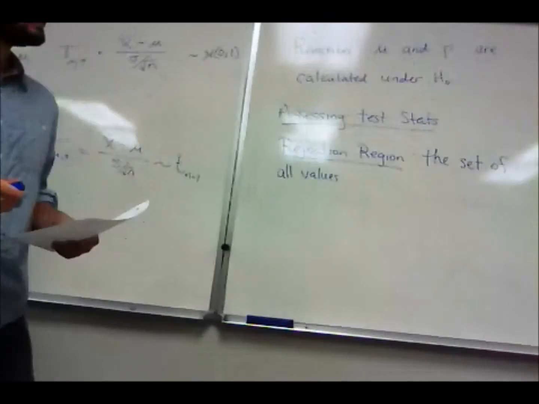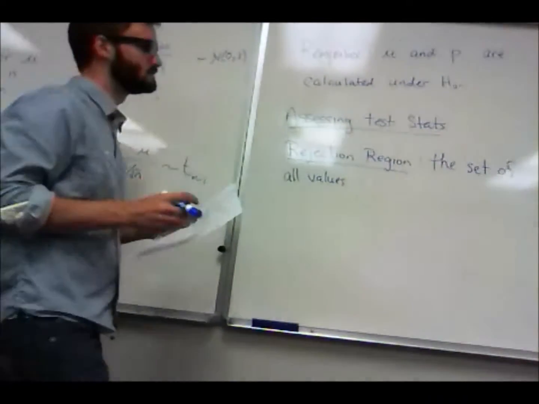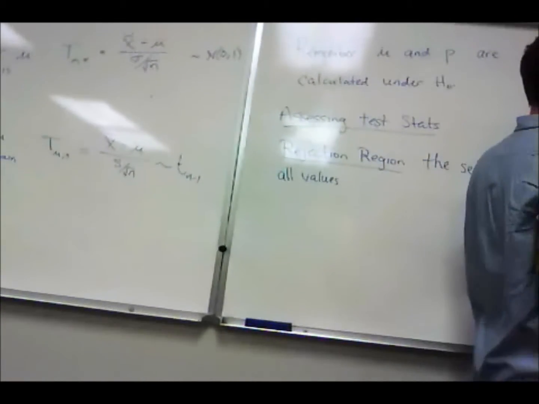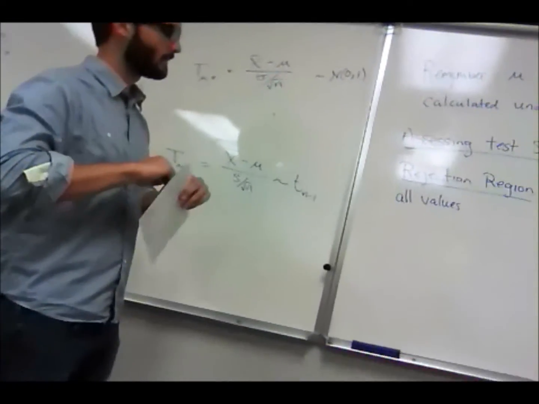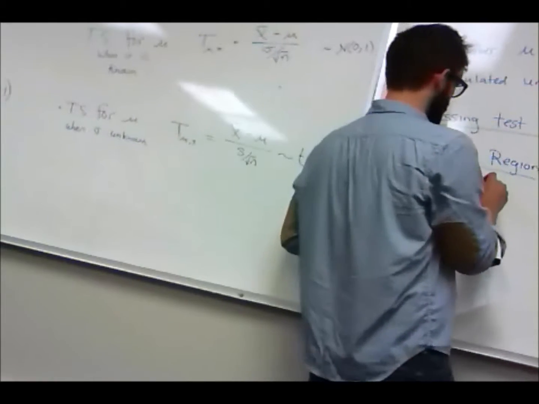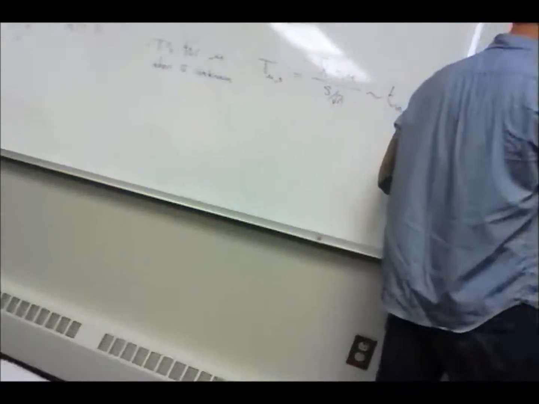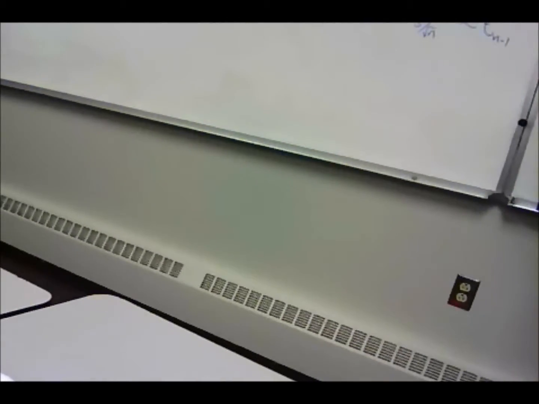But again, to get your 95%, it's 1 minus alpha over 2 minus alpha over 2, which is just 1 minus alpha. Exactly. So a rejection region is just the set of all values that cause us to reject the null hypothesis.